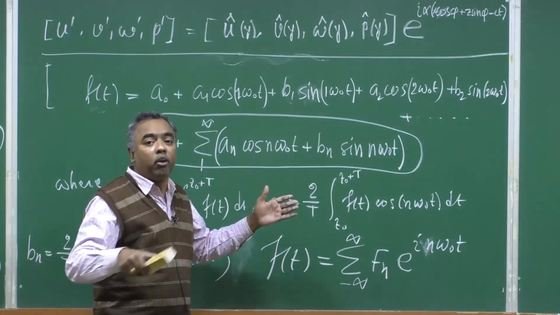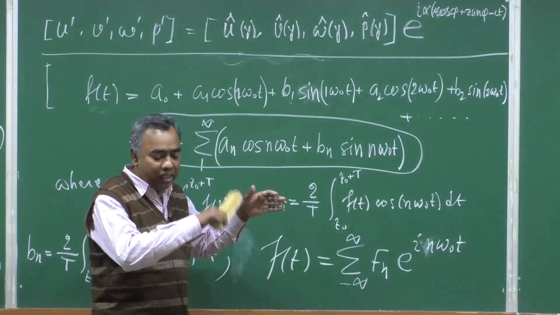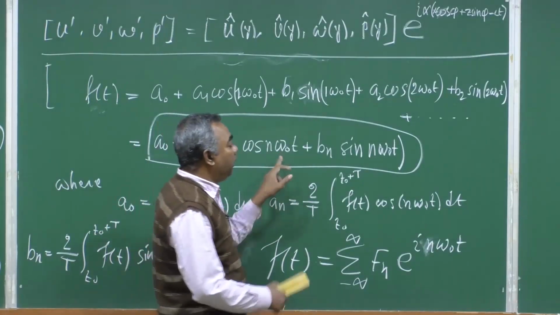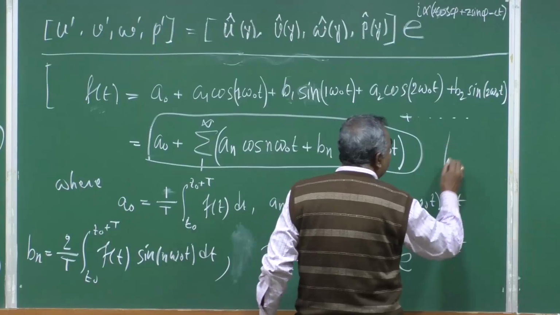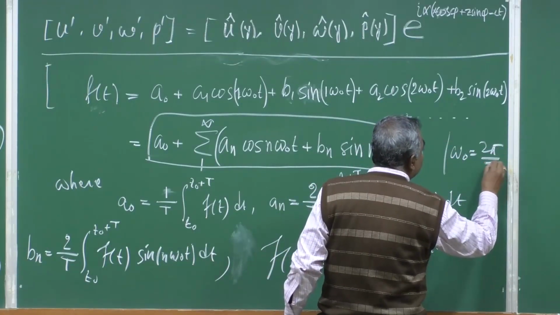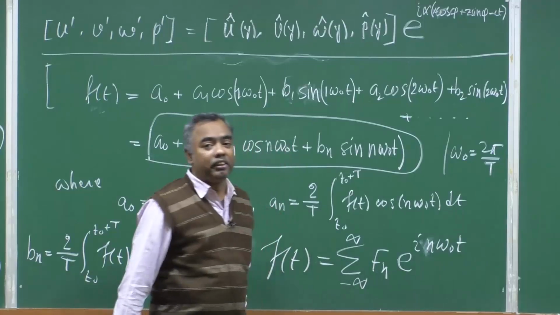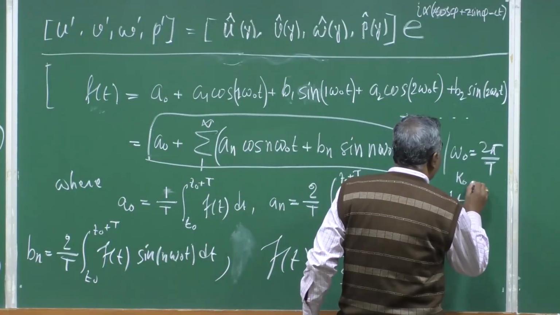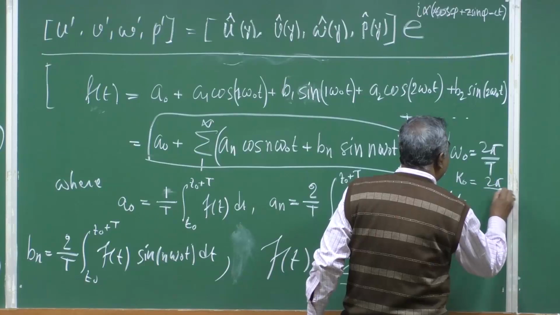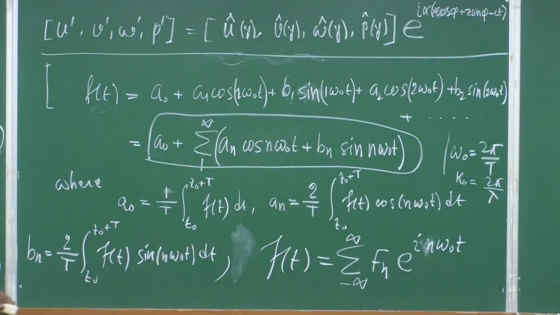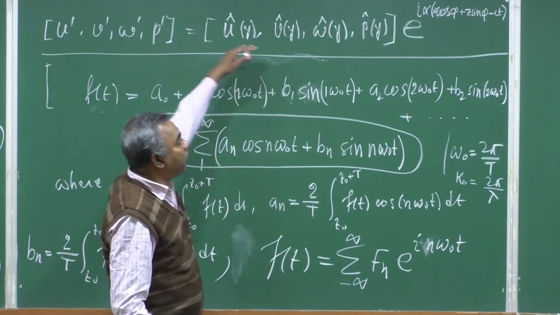This is the circular frequency. Omega naught is equal to 2 pi by capital T, where capital T is the period. For the wave number, k naught is equal to 2 pi by lambda, where lambda is the wavelength. Keep it in mind. So, this is the disturbance form we have considered.